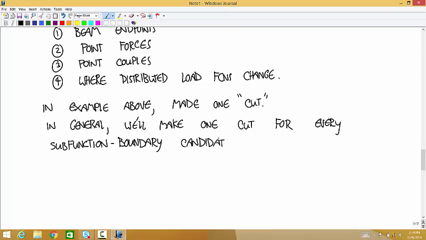We'll make one cut between every pair of subfunction boundary candidates. Period.